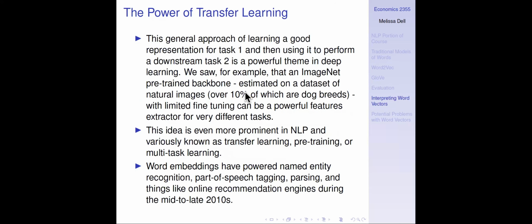This is a general application of transfer learning. You train word vectors by having them predict the context based on a word, and then you could use those word vectors to do downstream sentiment analysis or other things like part-of-speech tagging, parsing, etc. that we'll talk about more in a little bit.